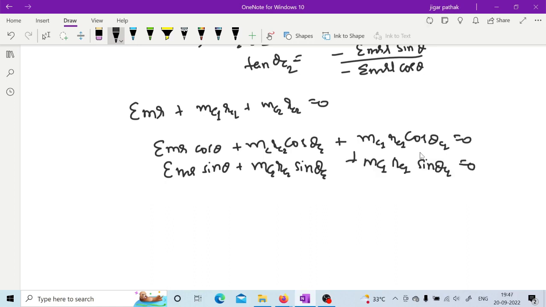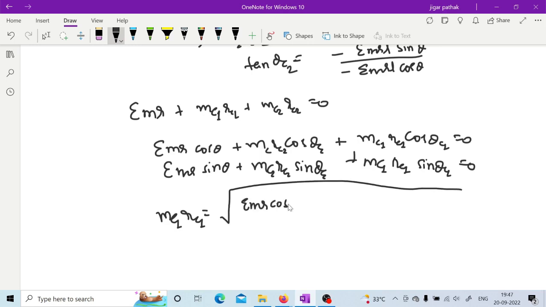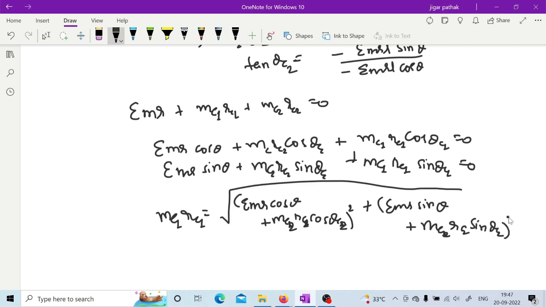Here again you can make this the subject, and then squaring and adding will give you the value of MC1 RC1 equal to the square root of sigma mr cos theta plus MC2 RC2 cos theta C2, this whole square, plus sigma mr sin theta plus MC2 RC2 sin theta C2, again this whole square. So this is how you will get MC1 RC1.